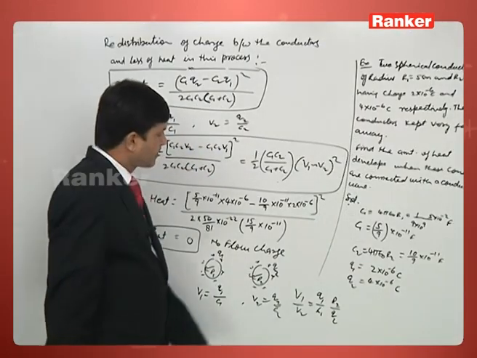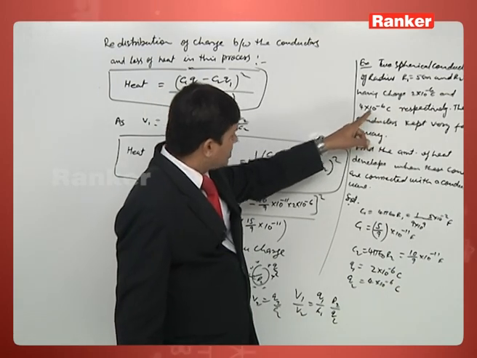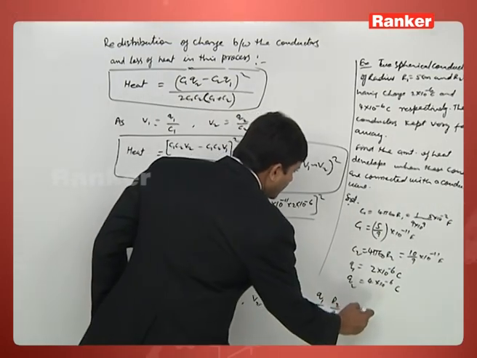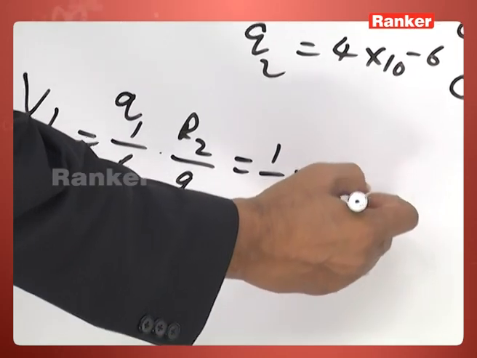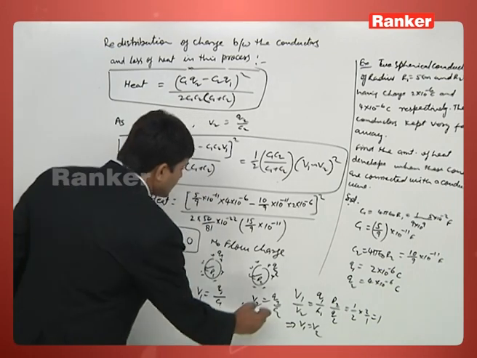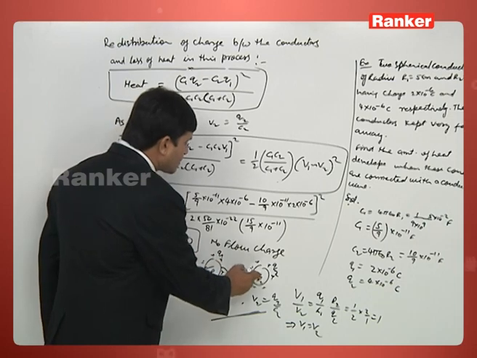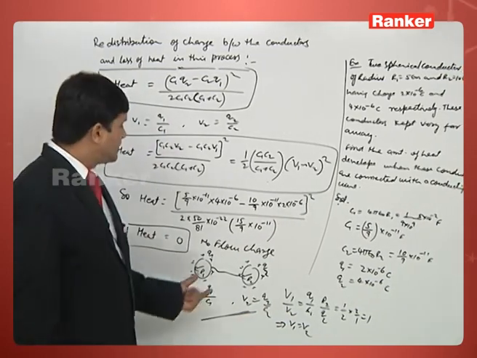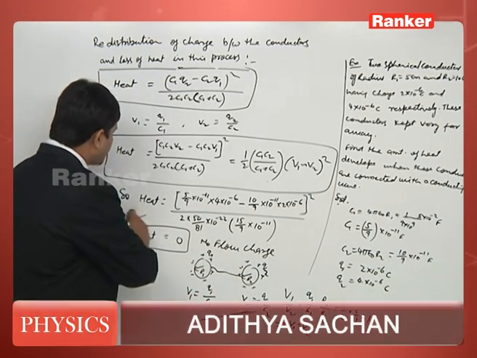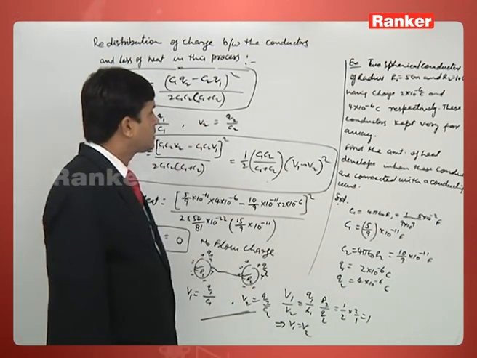See the ratio, Q1 by Q2 is 1 by 2, while R2 by R1 is 2. So this is 1 by 2 into 2 by 1, it becomes 1. So that gives us V1 is equal to V2. It means initially these two are at the same potential. So even though we have connected them with a conducting wire, being at the same potential, no charge will flow. Since the charge is not flowing, the total heat comes here 0. So this is the way by which we can solve the problem.